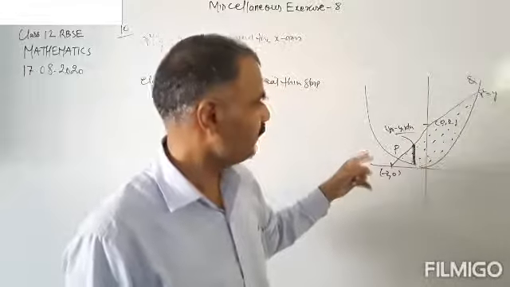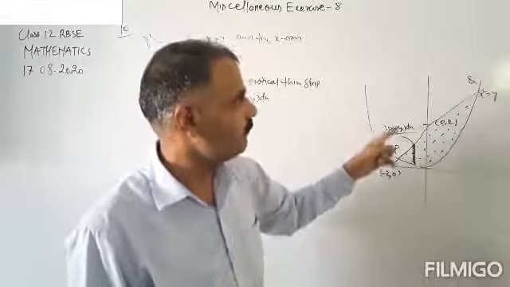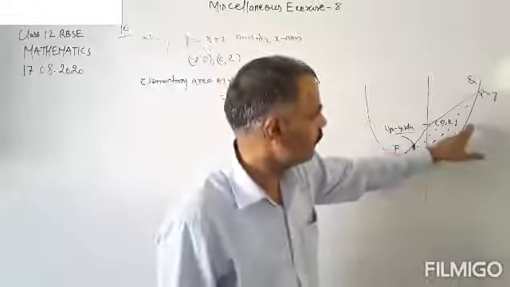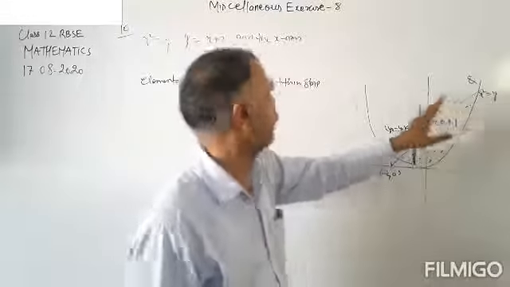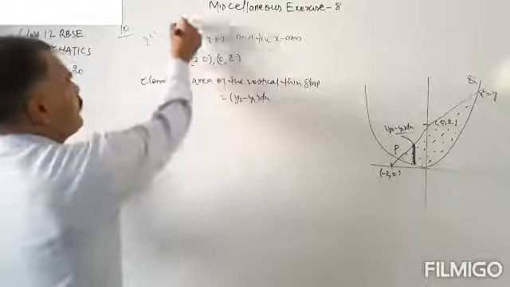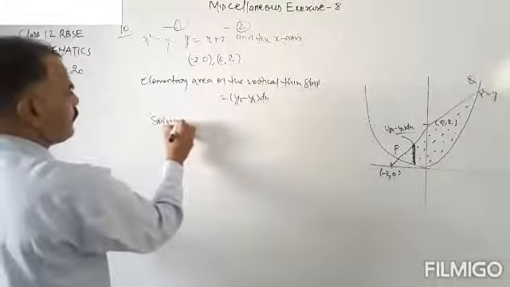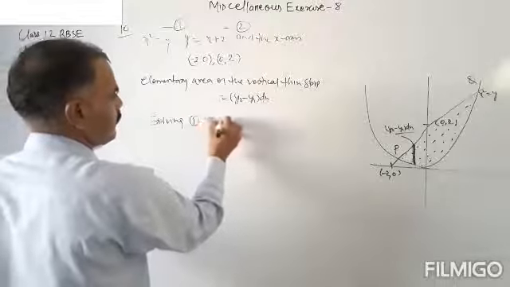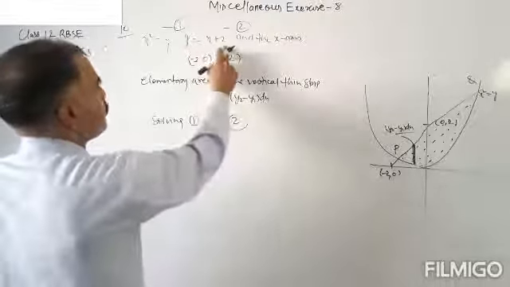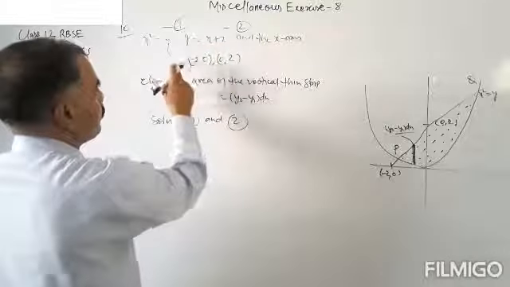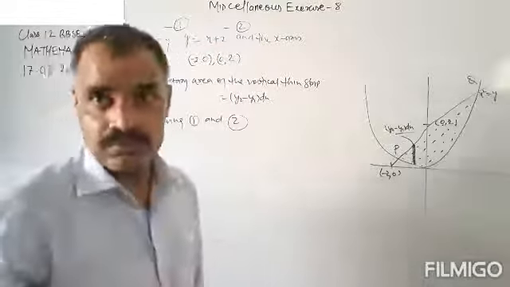This can be found by solving the equation of the parabola and the line. Solving y equals x plus 2 and x square equals y, we eliminate y to solve for x.